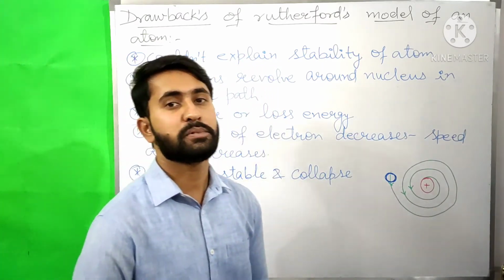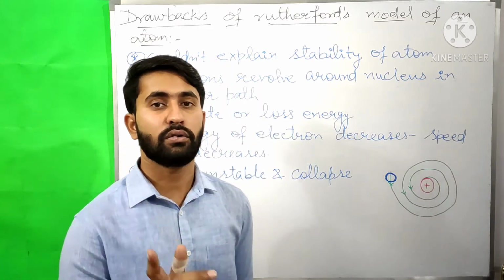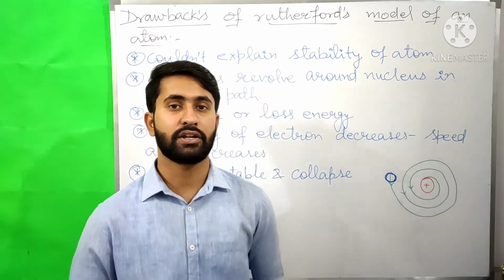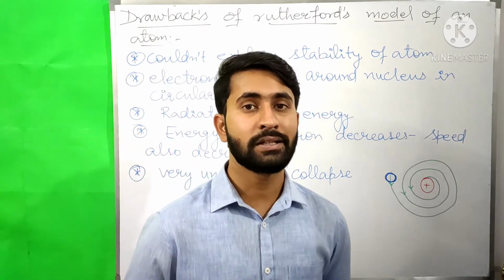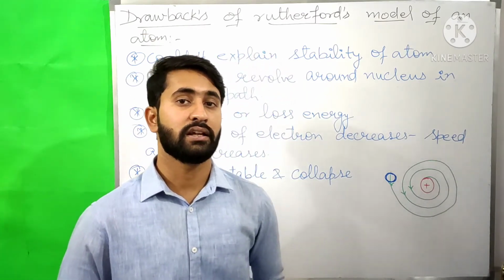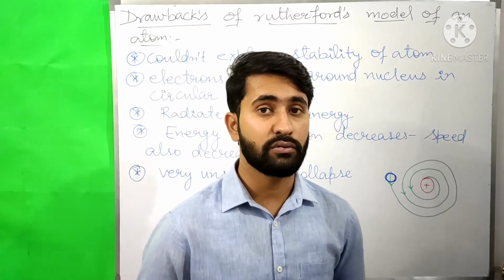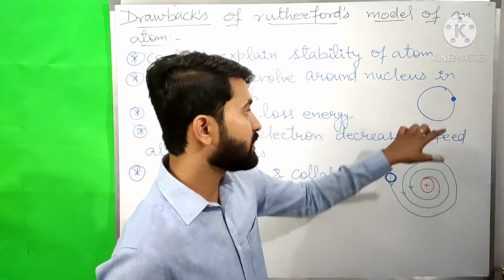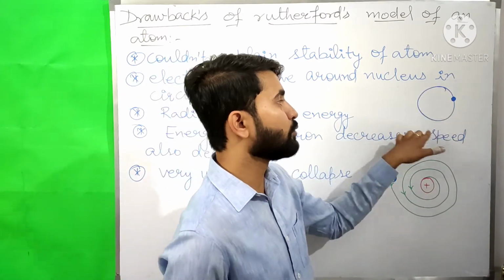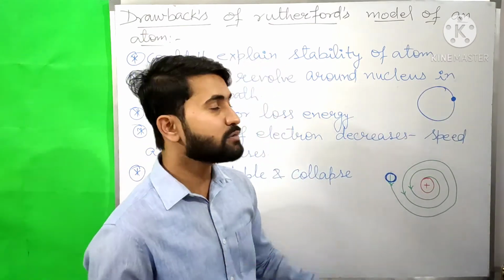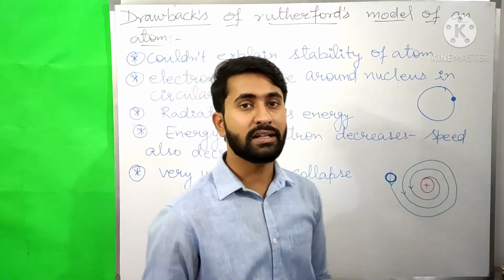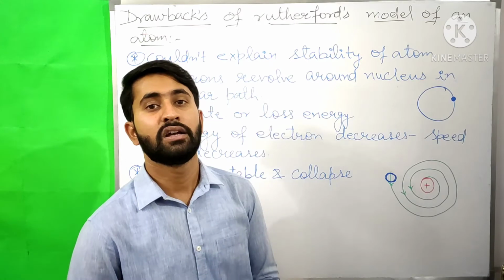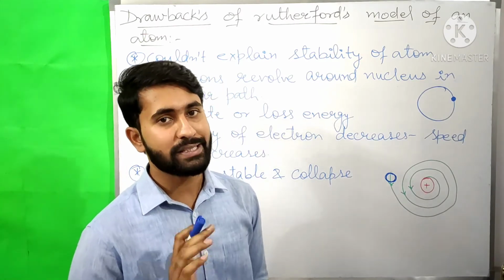Now, if an object revolves in circular motion, then it undergoes acceleration. Acceleration means change in velocity. And we know what velocity is: speed with direction. If an object is in circular motion, even if its speed is constant, its direction will keep on changing, so it will undergo acceleration.